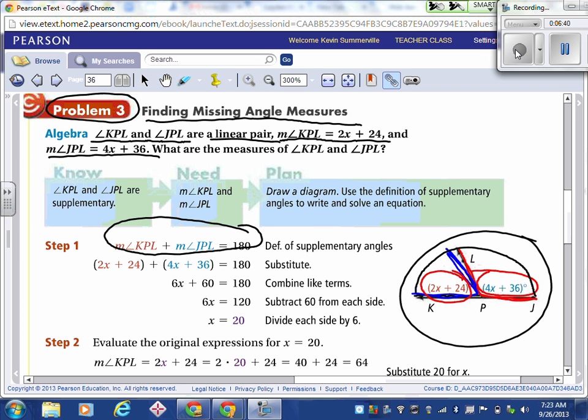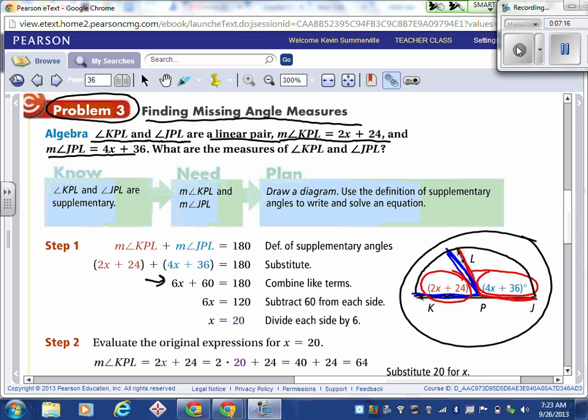So we can substitute this angle expression plus this angle expression to give me 180. And all you do is combine your like terms. 2x plus 4x gives you 6x. 24 plus 36 gives you 60. So then you have 6x plus 60 equals 180.